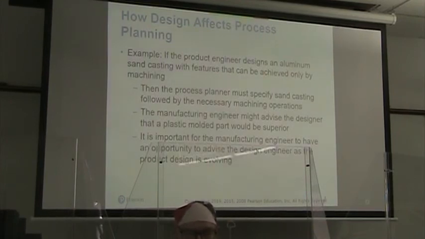So, how does our design affect the process planning? The example they give is if the product engineer designs an aluminum sand casting with features that can be achieved only by machining, then our process planner must specify using sand casting followed by the necessary machining operations.